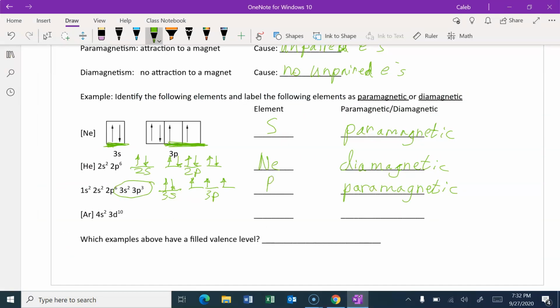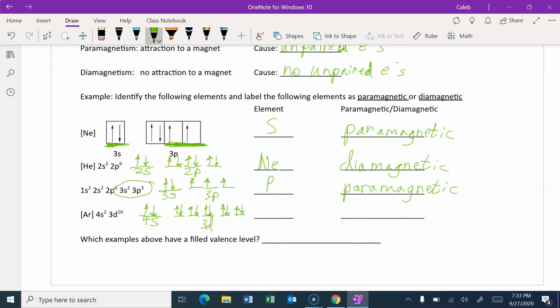All right, and then I have 4s2, 3d10. 4s2, 3d, 1, 2, 3, 4, 5, and it says 3d10, so that's 1, 2, 3, 4, 5, 6, 7, 8, 9, and 10.